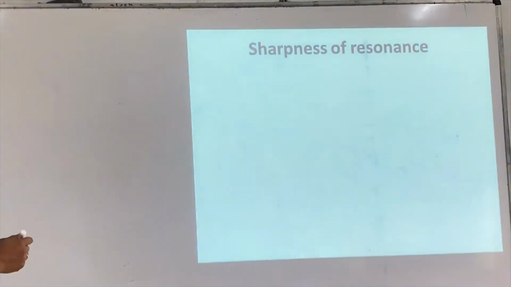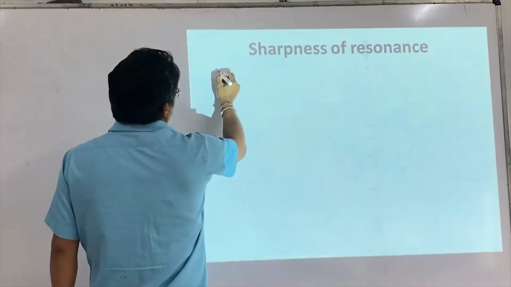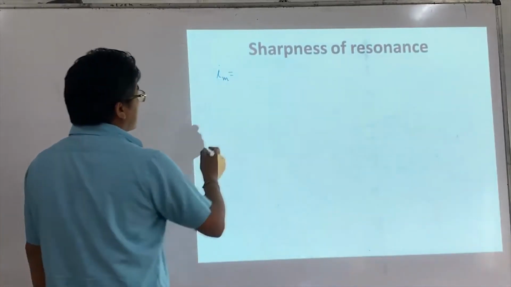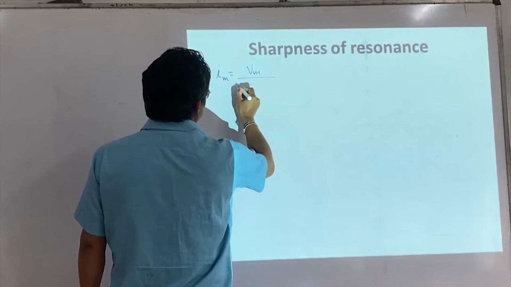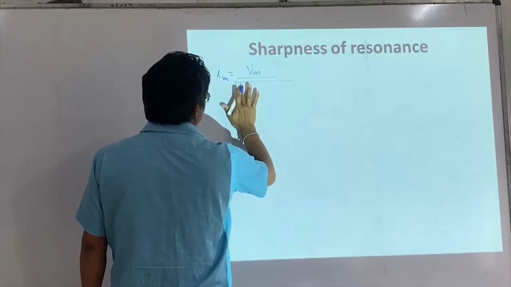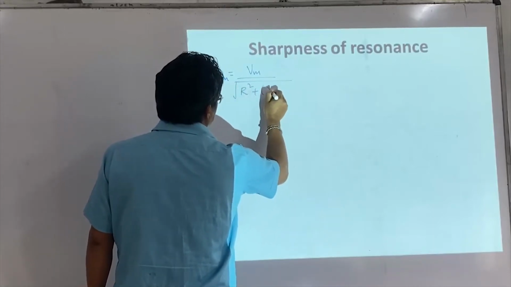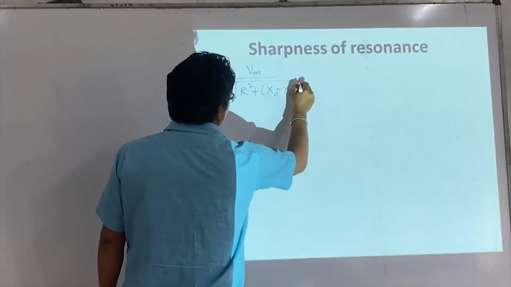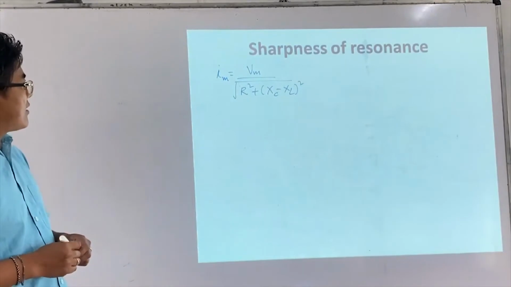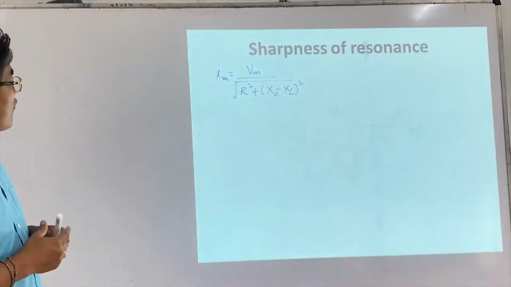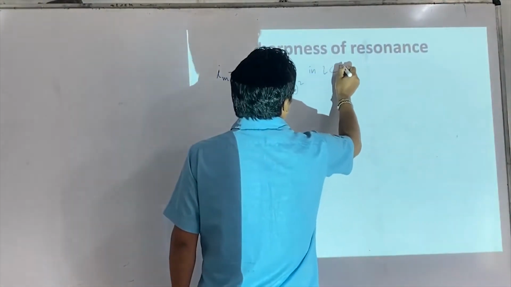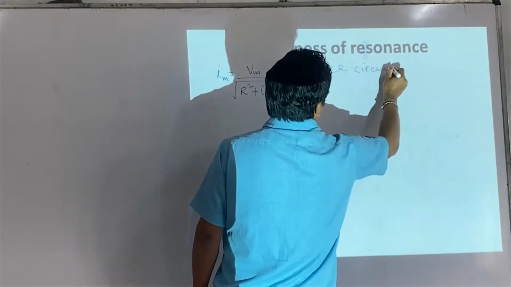We have learned that the amplitude of current in an LCR circuit is going to be Vm divided by the root of R squared plus (Xc minus XL) whole squared.